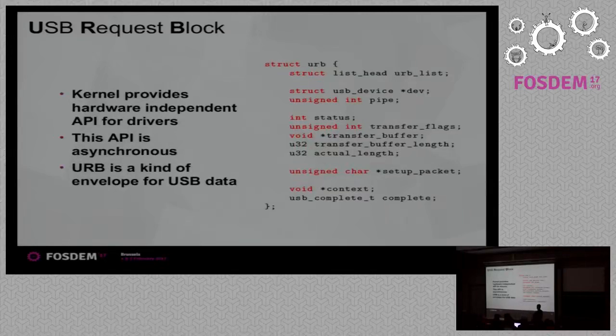A URB is really a kind of envelope for the USB data. It doesn't care what you are going to send. We simply give it the data and send it to some particular endpoint.